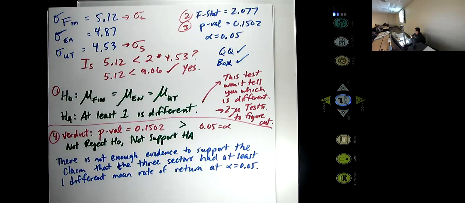In fact, one of the homework problems has you do 3 different H naughts, and all of them end up as do not reject. And they say, does this make sense? The final wrap-up question is, does it make sense why we don't say we support H naught? We just say we don't reject H naught.